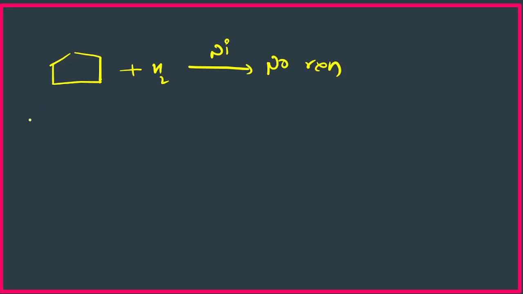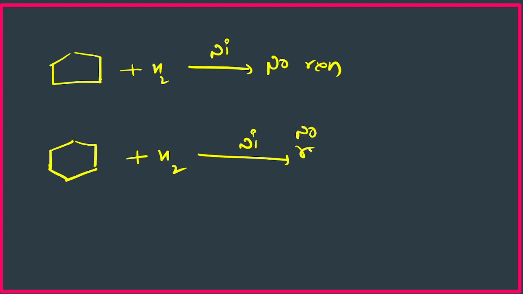The cyclopentane and cyclohexane are stable, so there is no reaction with hydrogen and a nickel catalyst. So what is already stable does not react with hydrogen and nickel.